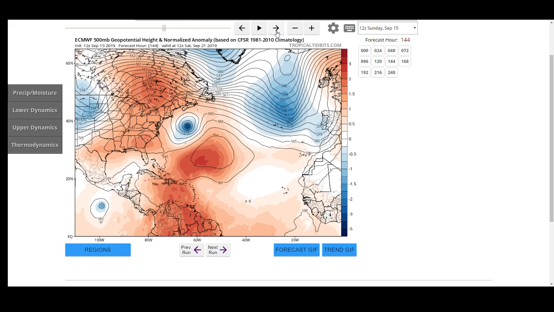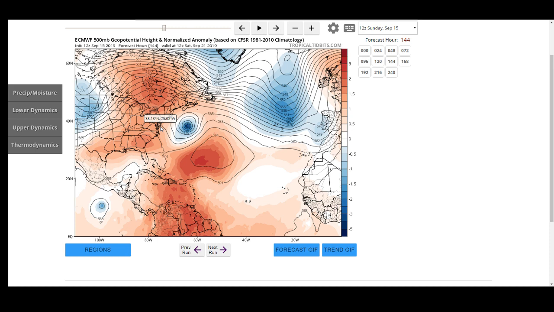And so you have a high right here that's a little stronger than this blocking high over Canada, because you can see 594 millibar heights versus the not really that strong heights in here that would push it back to the south and west.